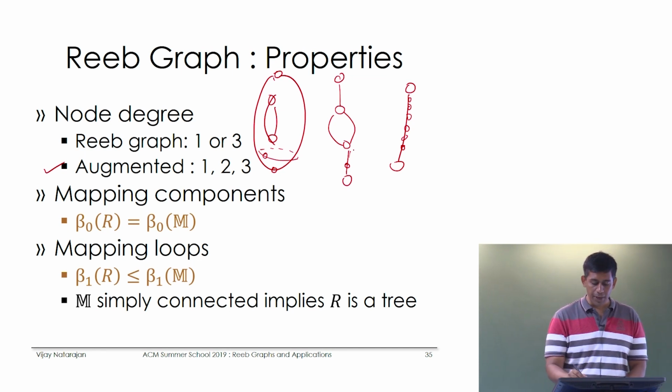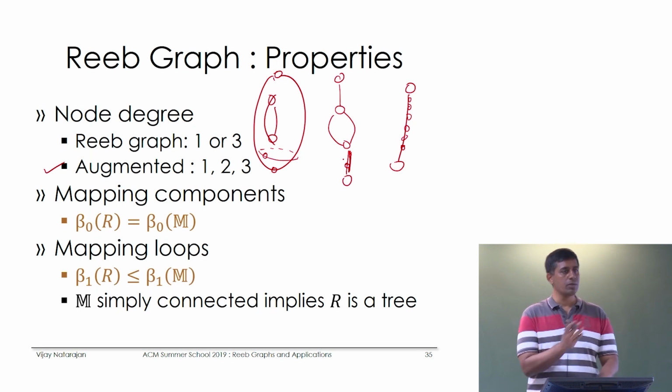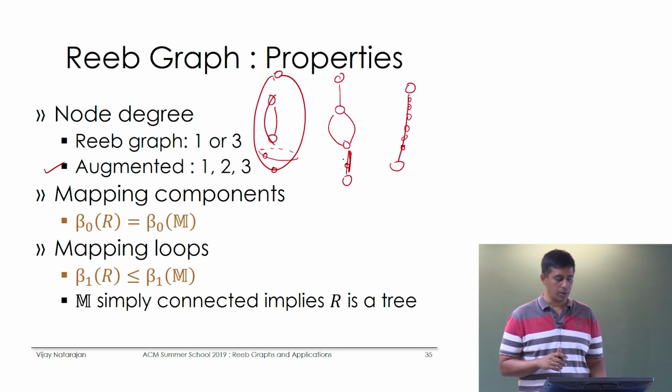The benefit of doing the augmentation is that you can now go from the arc into the domain, because you know exactly the regular points that this arc corresponds to. So the augmentation helps with constructing that inverse map back into the domain.